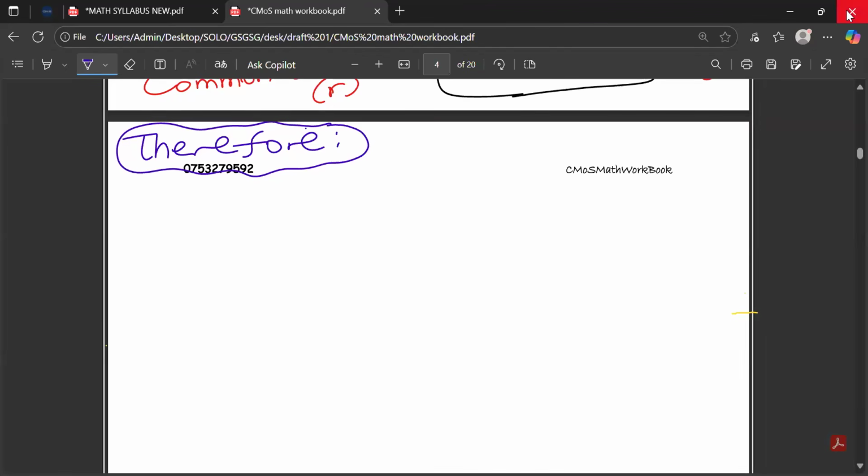Remember, the math was hard before scenarios came in. Scenarios are word problems. What if they make things word problems? That means you must have appreciated the English in mathematics.